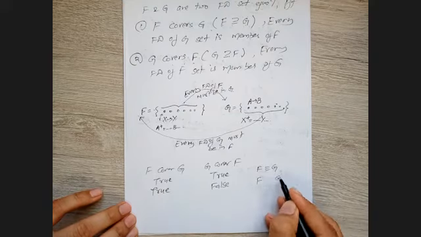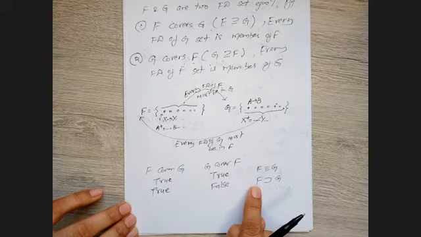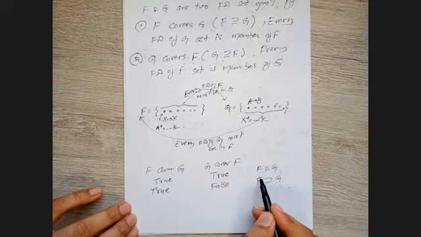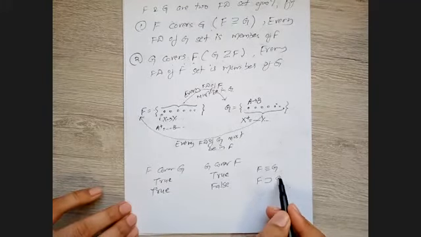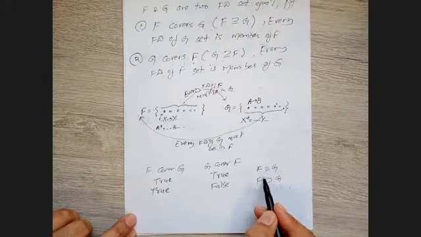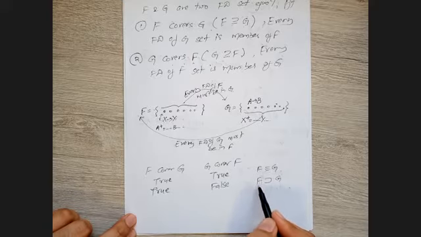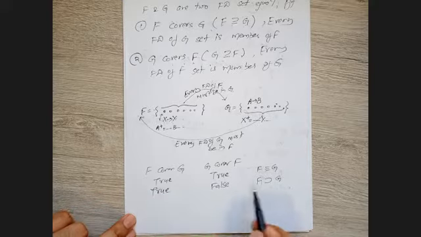There are some elements of F which G cannot cover. So G is the small set which is contained in F, but F has a lot of other elements which are not a part of G, so they are not equivalent. F is covering G here.